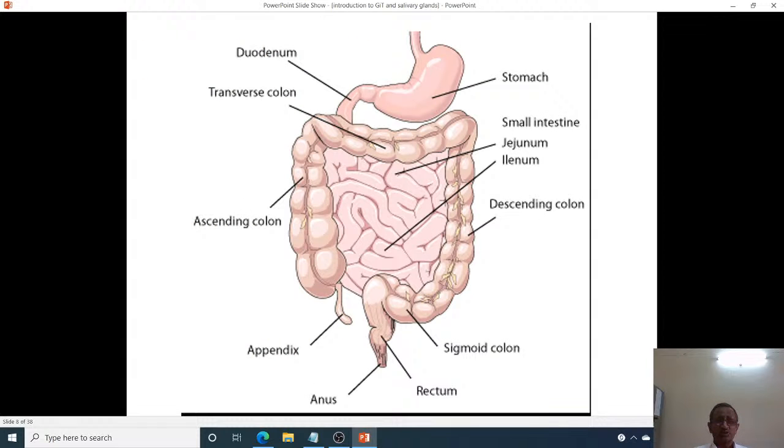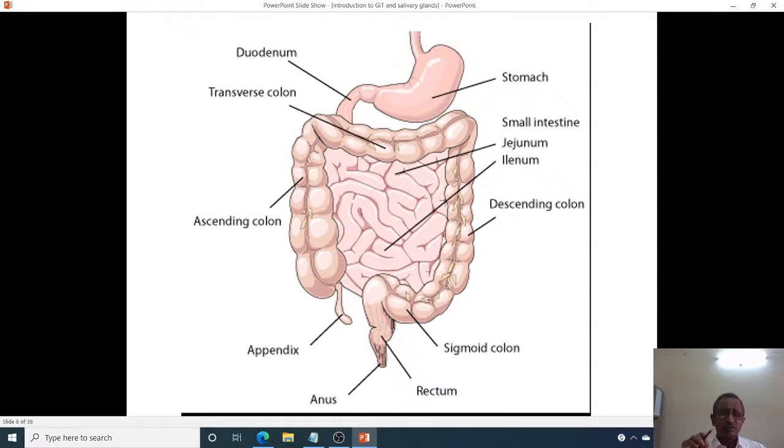Now in the figure we can see, we are starting from the esophagus, but before the esophagus we have the mouth, wherein we have teeth and tongue, then the esophagus, then the stomach, then the duodenum, that is the C-shaped duodenum, in the concavity of the C of which the pancreas rests, and then the jejunum, ileum and the cecum, that is the big sac-like structure, then vermiform appendix, then ascending colon, hepatic flexure, then the transverse colon, splenic flexure, descending colon, sigmoid colon, rectum, anal canal, and anus.